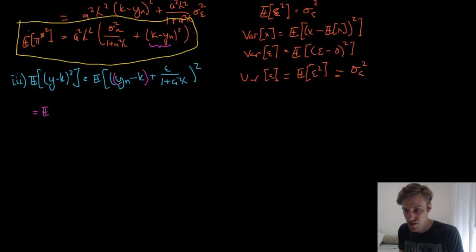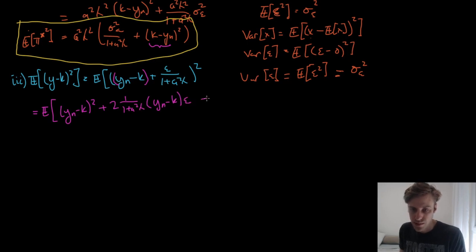I'll get the expected value of the first term times itself, which is yn minus k squared, plus the cross terms, 2 times, let's write it as 1 over 1 plus a squared lambda, yn minus k, epsilon. And then the last term times itself will be 1 over 1 plus a squared lambda squared, epsilon squared.